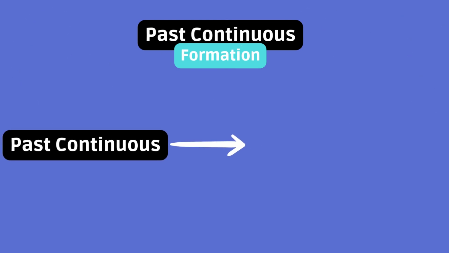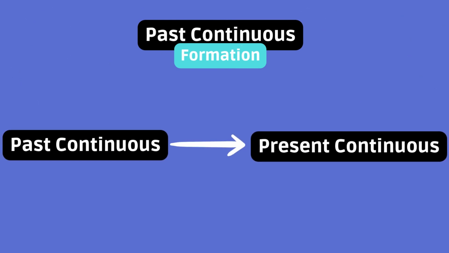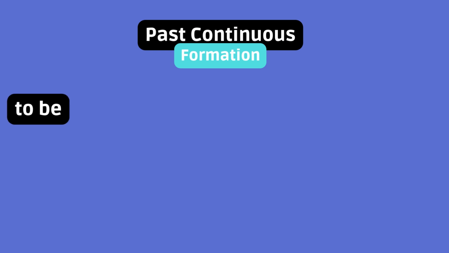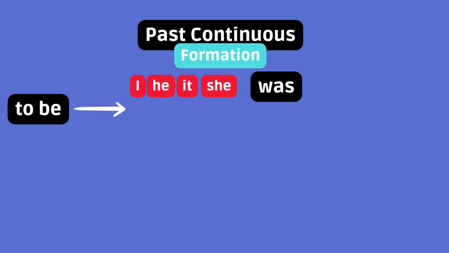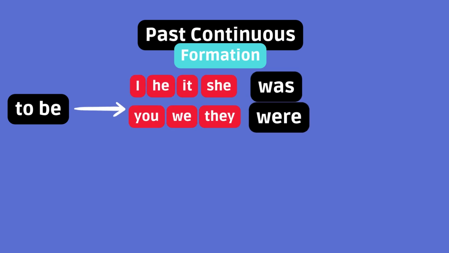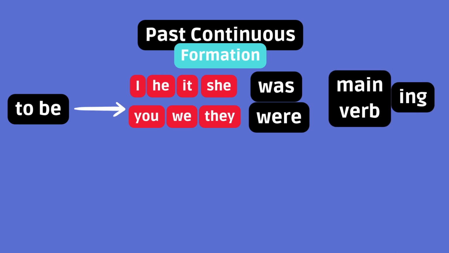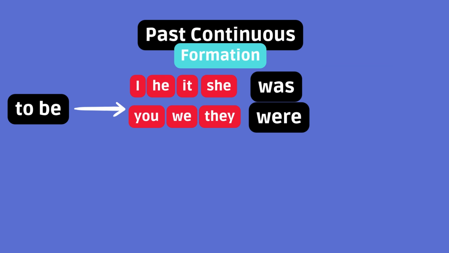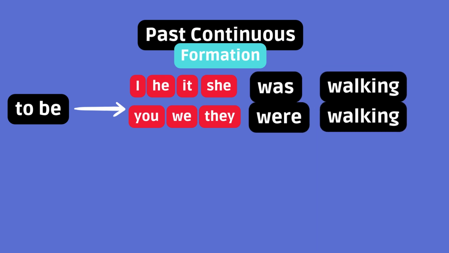Second quick recap. The past continuous is, you guessed it, the past of the present continuous. This tense has two words. The verb to be in the past simple, was or were, and the main verb with ing at the end, such as was walking or were walking. Good news, no irregular forms here.